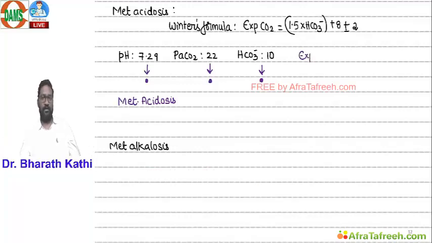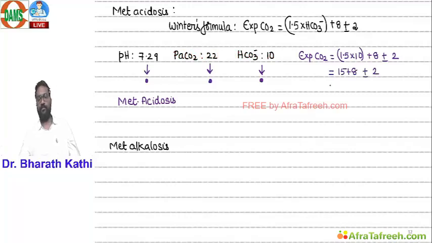So how to calculate? Expected CO2 is equal to 1.5 into bicarbonate 10, plus 8 plus or minus 2. 15 plus 8 plus or minus 2, that is 23 plus or minus 2.